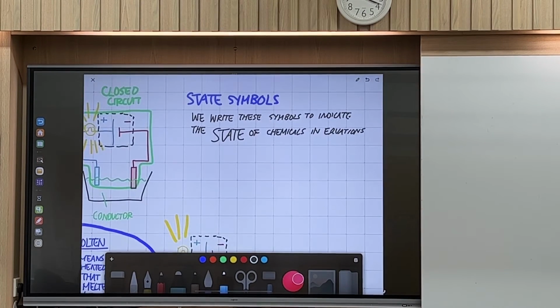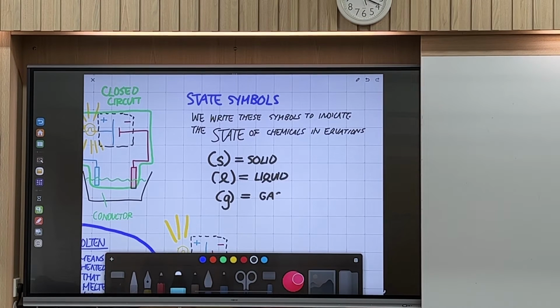Number 1, bracket s. So bracket s means solid. Bracket l means liquid. Bracket g, as you may have guessed, means gas. And finally, we have bracket aq, which means aqueous. Aqueous is a solution.